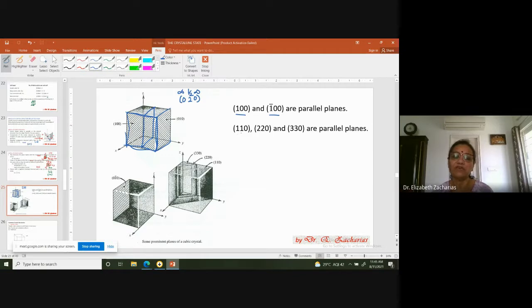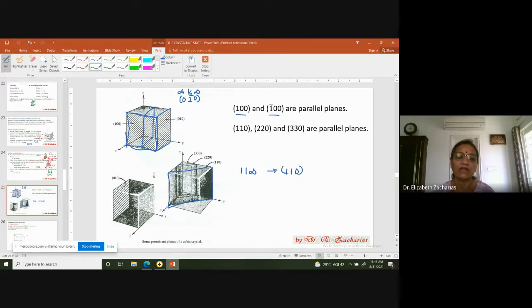Next, similarly here we are shown something else also. Let us take this one, a plane that is going to cut like this. You can see the intercepts are going to be 1, 1, infinity. Take the reciprocal, it will become 1, 1, 0. So that's your 1, 1, 0.